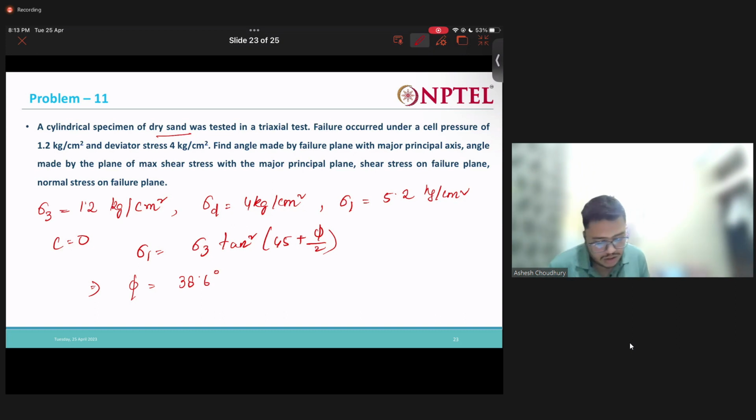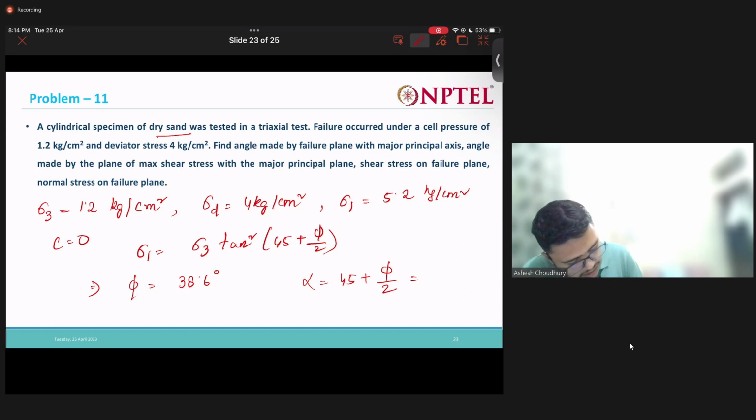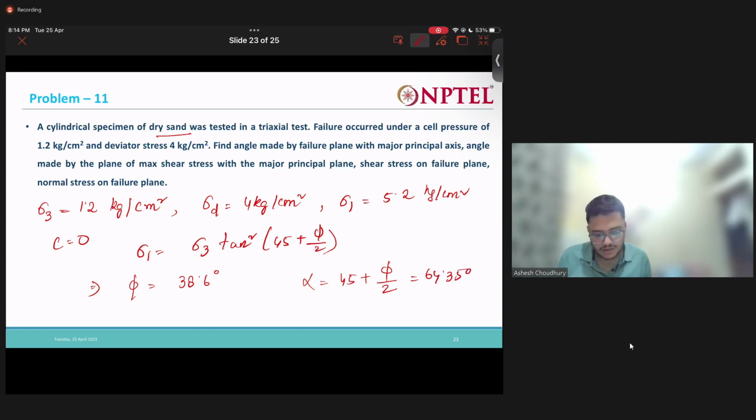Okay. So first, find the angle made by the failure plane with the major principal axis. If you remember, this is nothing but 45 plus phi by 2. It will be 64.35 degrees.